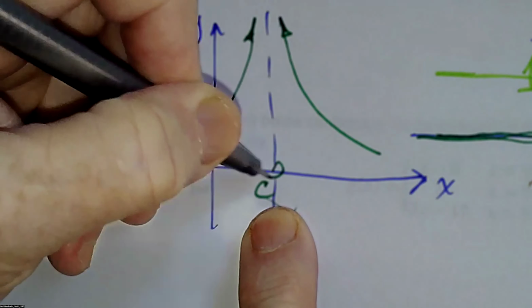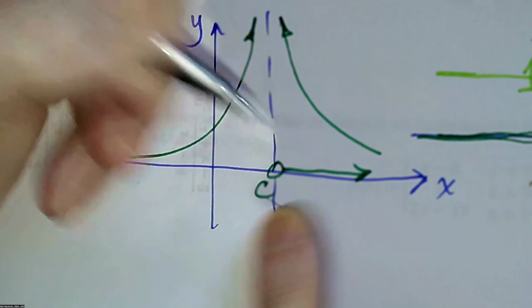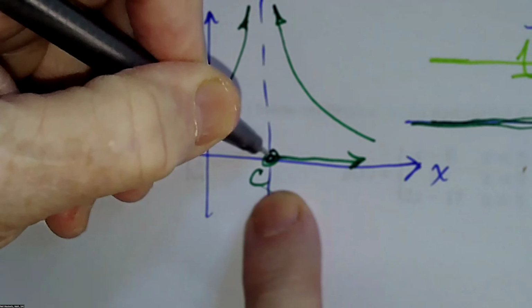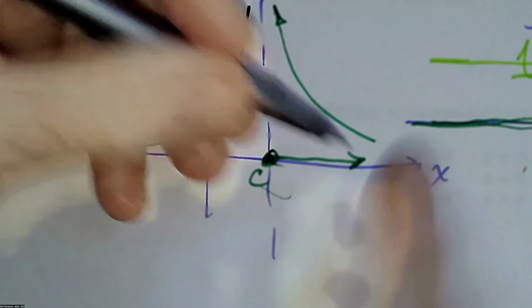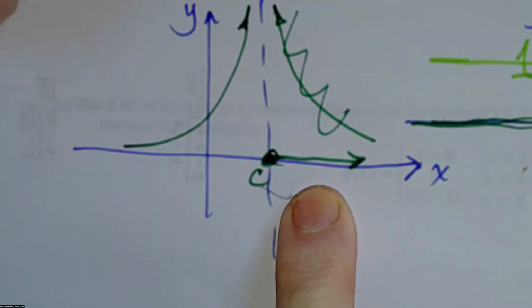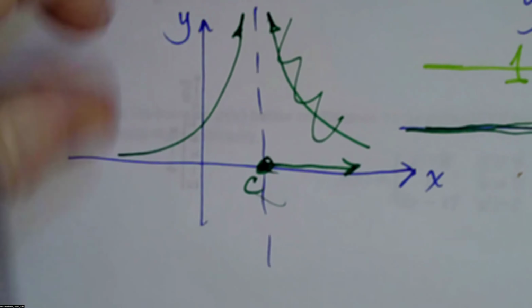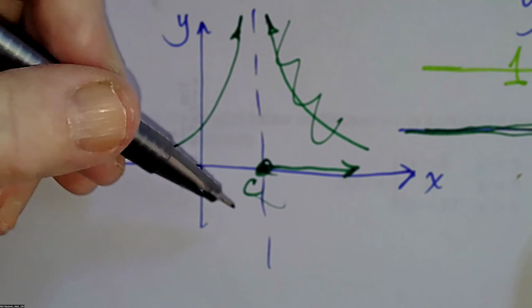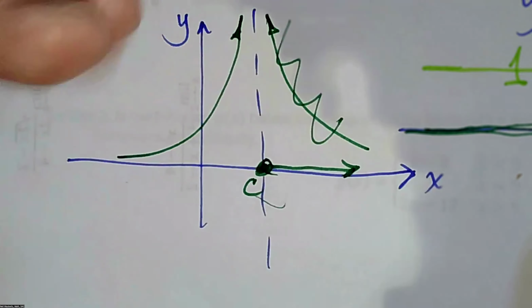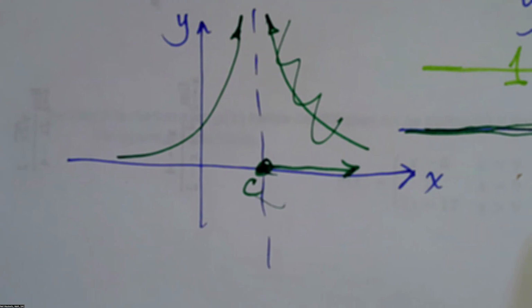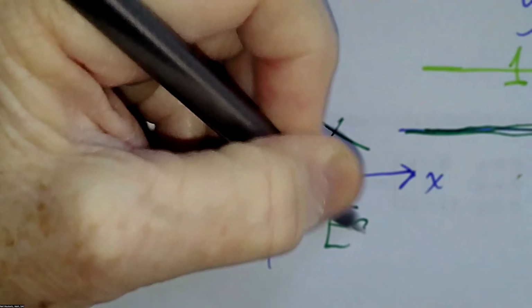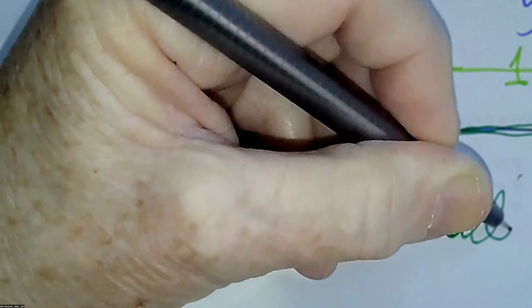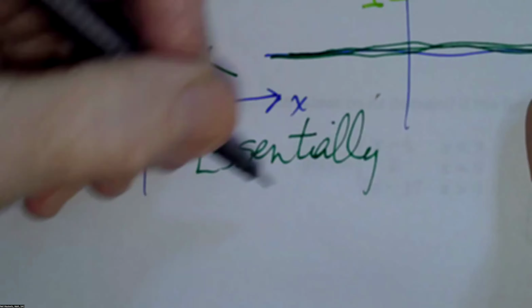The other could even be filled in at c and go to the right. If one part is an asymptote, then we would say that this has a vertical discontinuity or an asymptotic discontinuity, and it is essentially discontinuous.